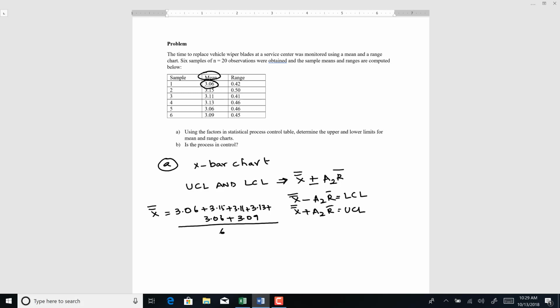If we calculate the average of these numbers, we get X double bar as 3.1.